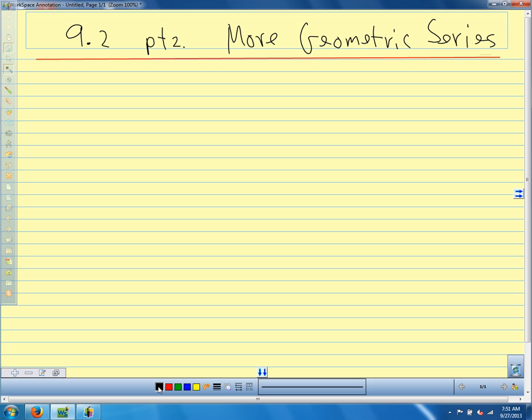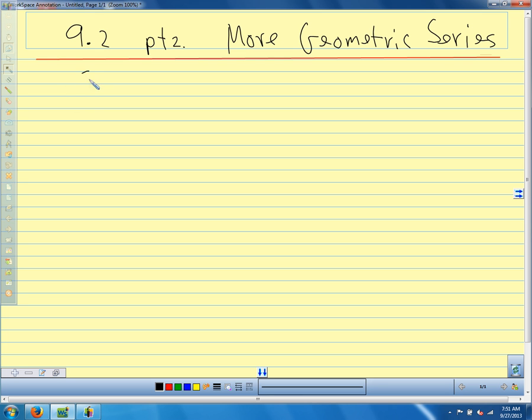So I said yesterday that we would talk quickly about why the sum of a geometric series works out the way it does. So I want to go through that quickly. It's a very, very quick demonstration, and I remember this from when I was in high school.